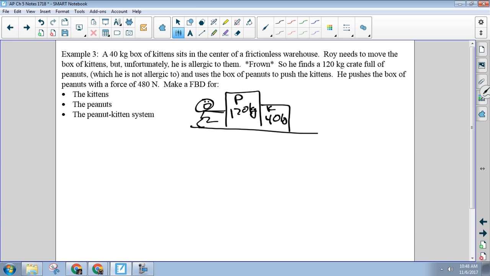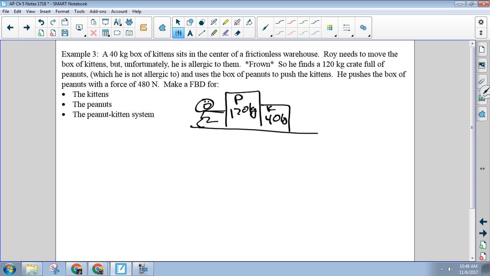So let's go through and make our free body diagrams. I'm going to do them in the order that they're listed there on the page, but they're not really listed in the best order in terms of problem solving. But let's at least identify the forces that are acting on the object. Oh, I'm sorry, Donna. Okay, so any problems about what's going on so far? Am I going too quick?